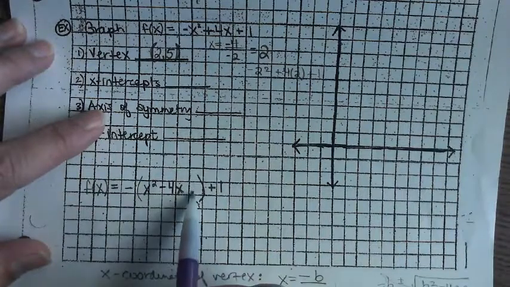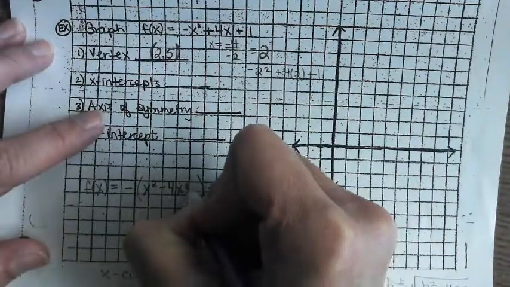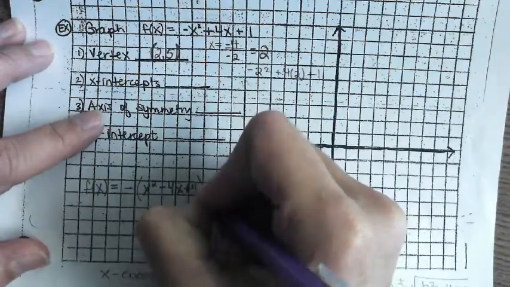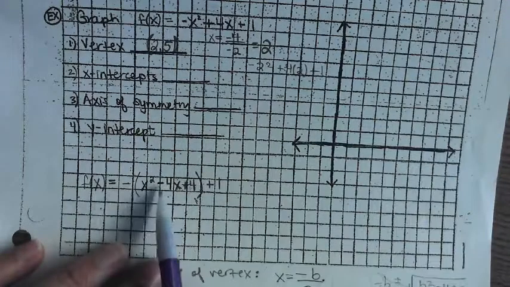What number in here, Zach, would complete the square? Half of negative 4 is negative 2. Negative 2 squared is 4. So you're going to add 4 in here. Okay. Here's the trick with the factored out part that you have to remember.